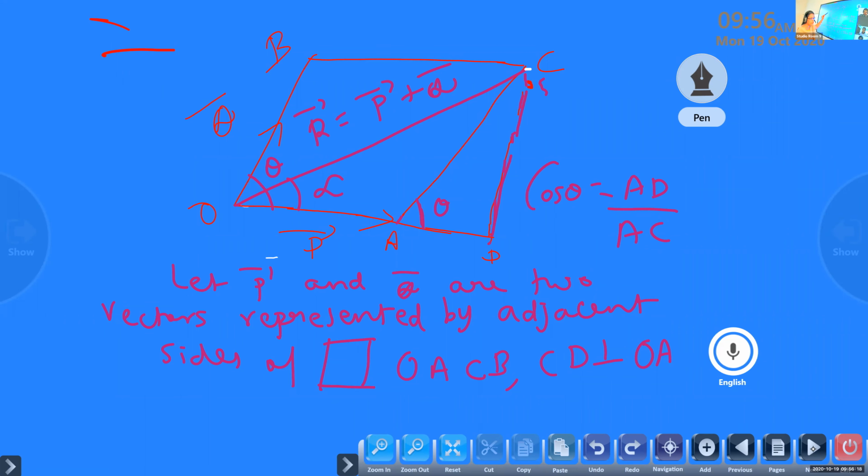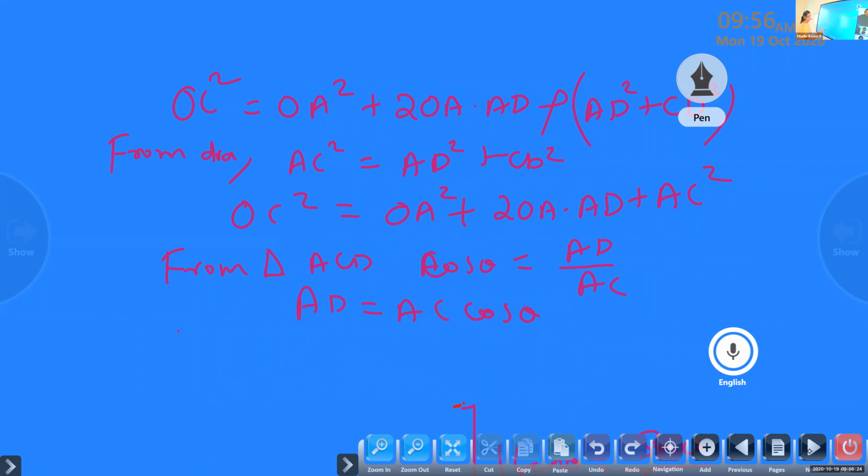Vector Q. Got it? So AD is equal to Q cos theta. Let us write it as equation 1.